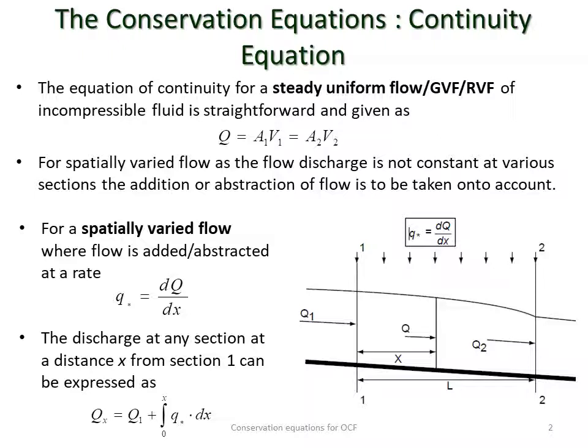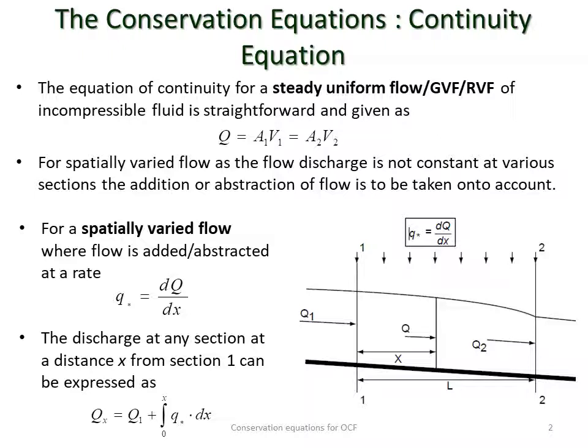And the equation of continuity for such a flow is given as Q equal to A1V1 equal to A2V2, as shown in the first equation of this slide, where A1 and A2 are the cross sections of flow at two different sections, and V1 and V2 are the corresponding mean velocities at those sections.